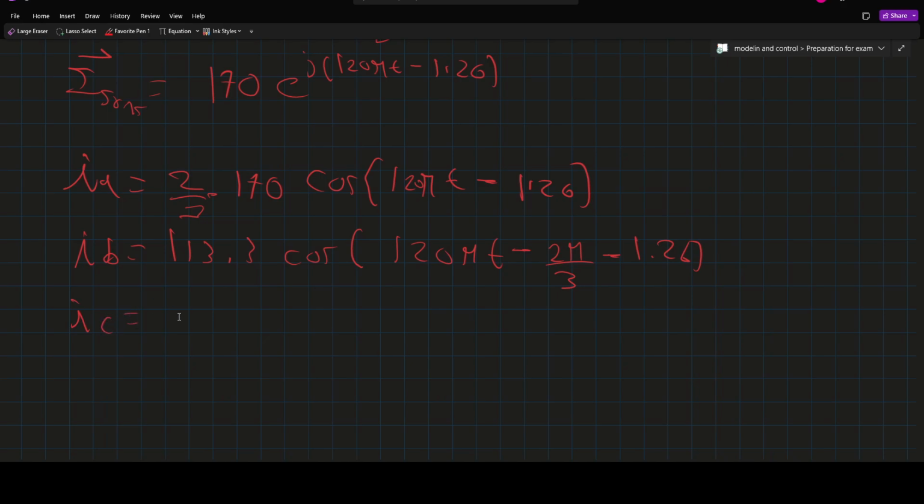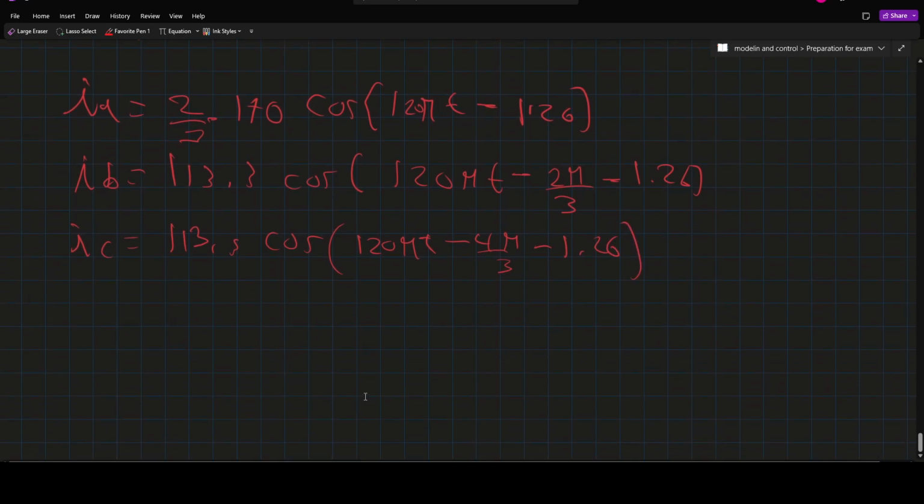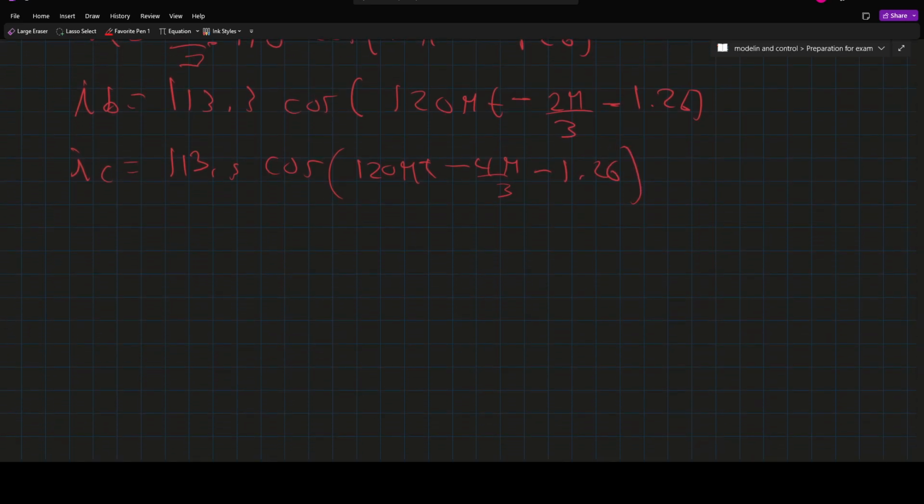And similarly for C, it's the same. There's a magnitude here, but when we do the cos of omega t, we subtract 4 pi by 3 for our 240 degrees shift, and we have minus 1.6.